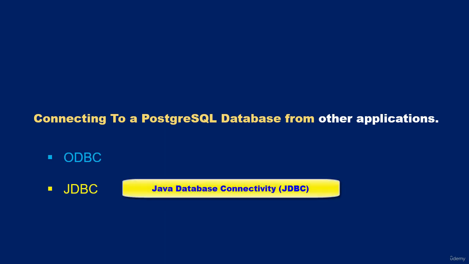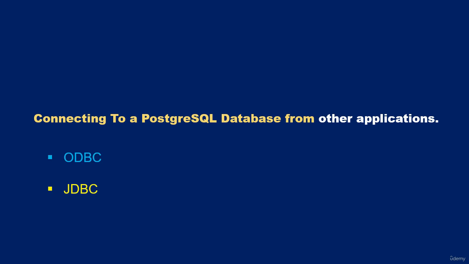JDBC stands for Java Database Connectivity, which is an application programming interface as well, API, for the programming language Java. It defines how a client can access a database. So it's basically a Java-based data access technology used for Java database connectivity.